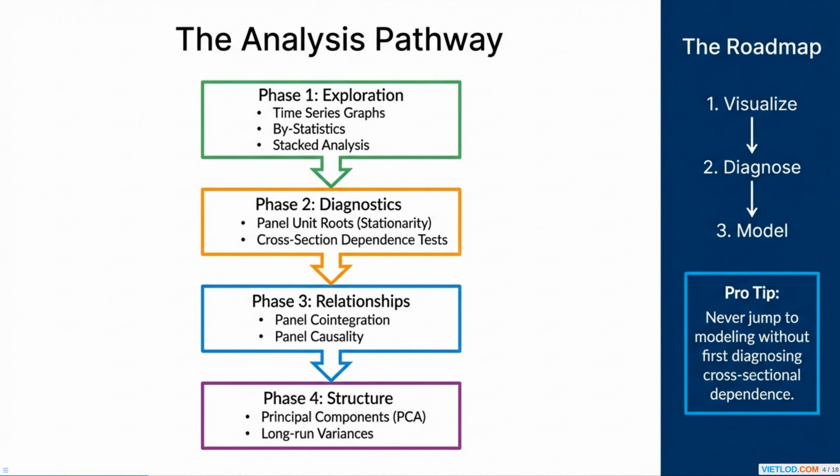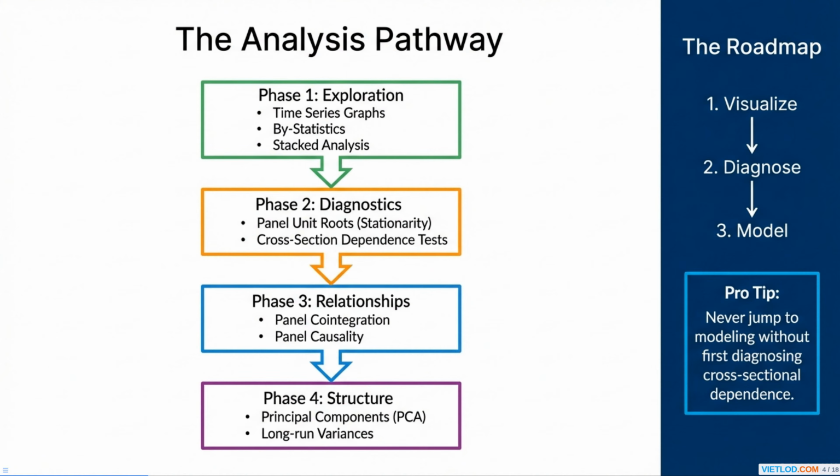Phase 3, relationships, focuses on identifying economic connections through panel cointegration for long-run equilibrium and panel causality to determine predictive precedence. Finally, Phase 4, structure, employs advanced techniques like principal components, PCA, to understand underlying variance and long-run variances for robust inference.